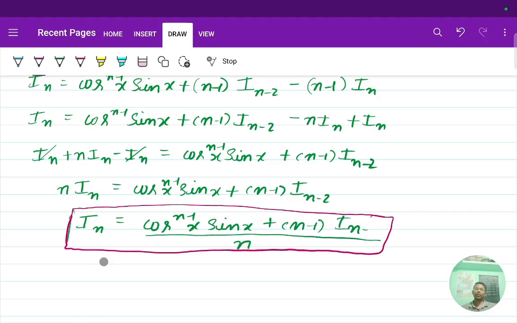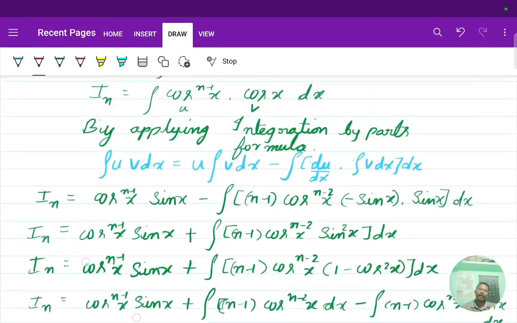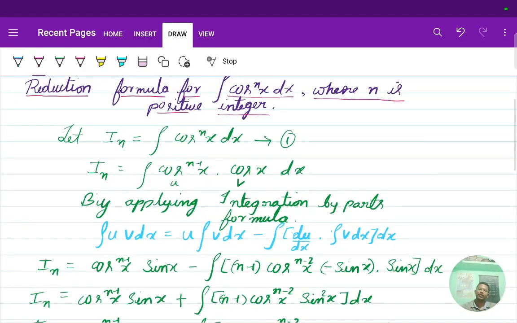This is the reduction formula for integration cos power nx dx.